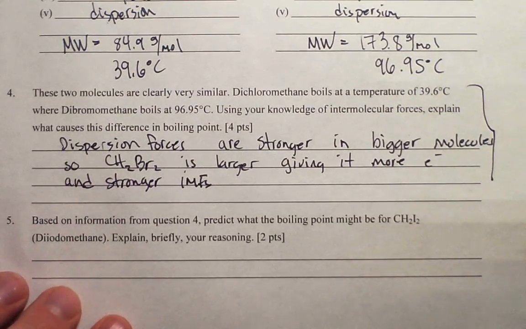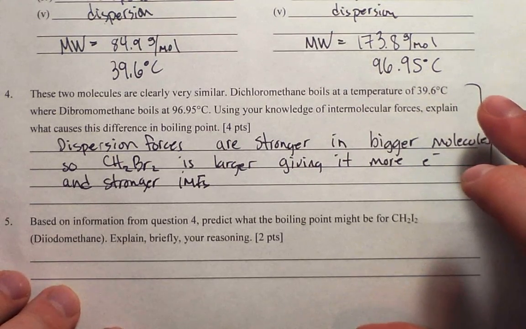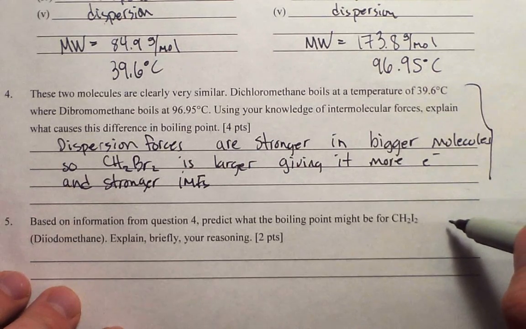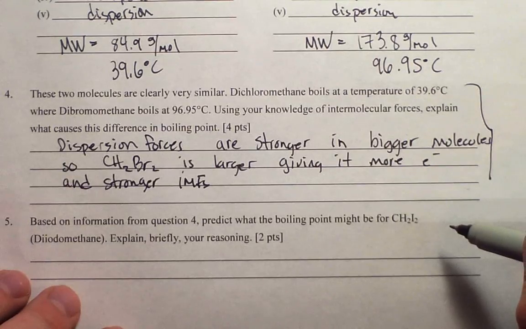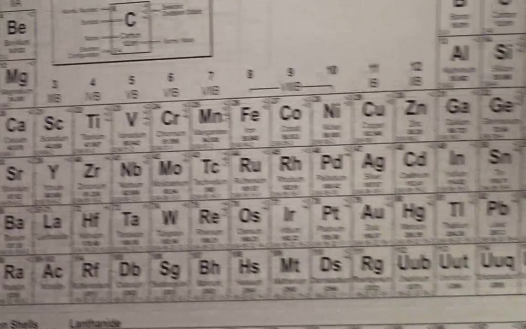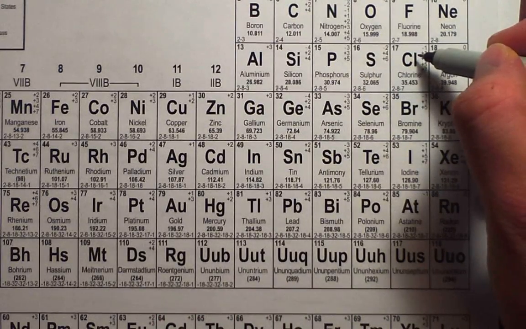Now, for question 5, it says, based on the information for question 4, predict the boiling point for CH2I2, so diiodomethane. Well, let's look at where we are on the periodic table specifically. So we're in group 17.